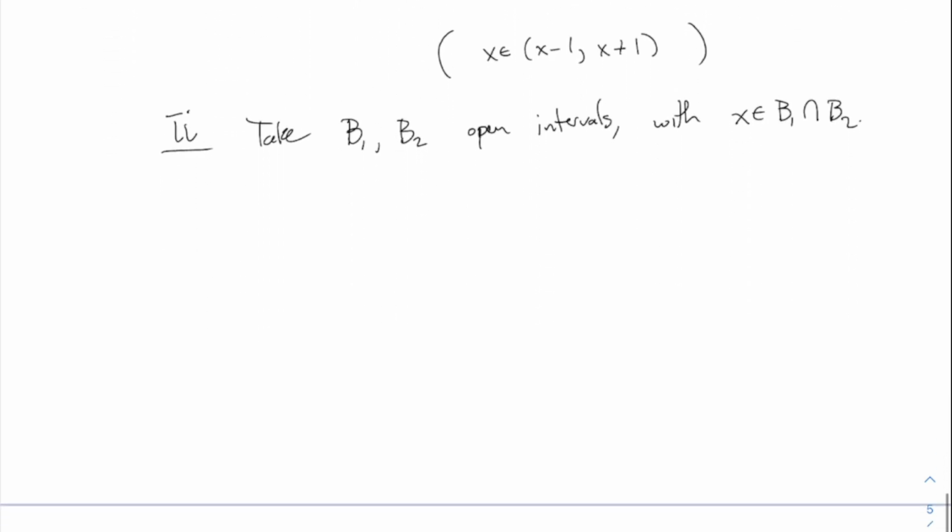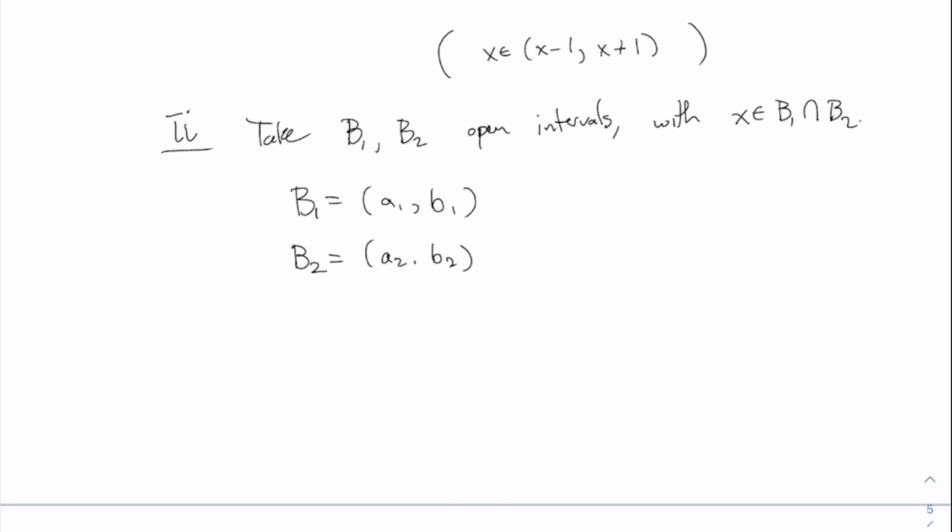So for the sake of writing them, let's say B1 is the interval A1 to B1, and B2 is the interval A2 to B2, right? Those are the endpoints. They are open intervals.